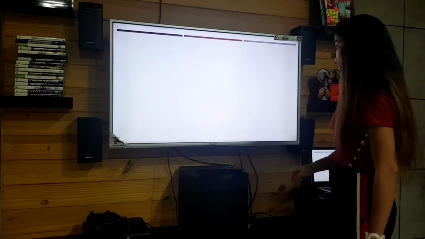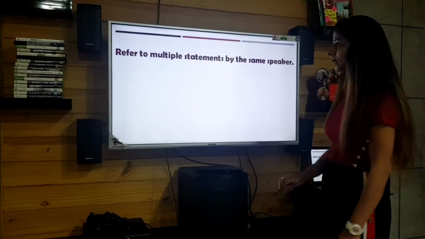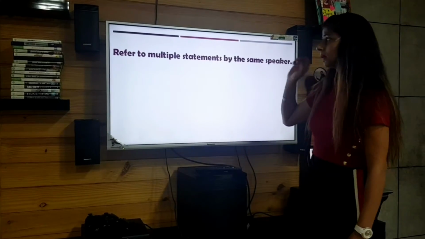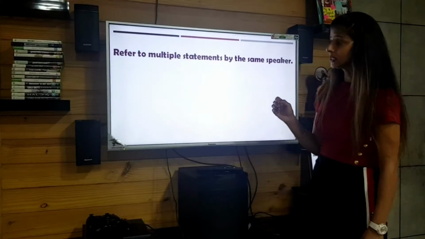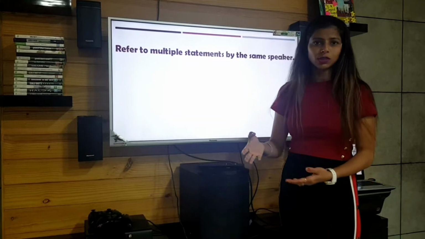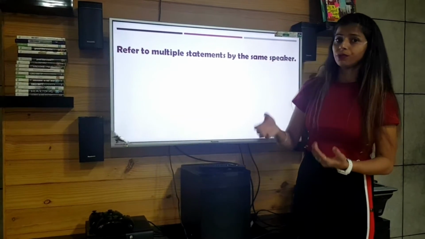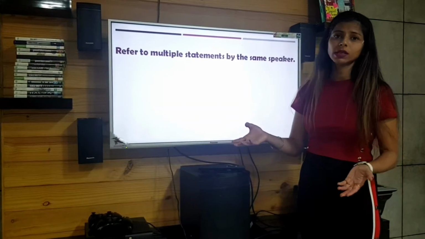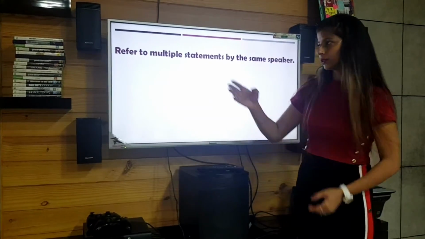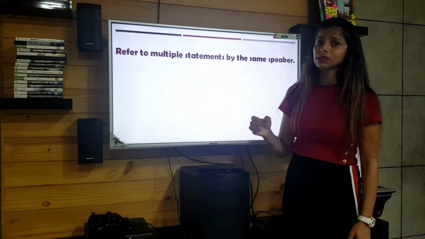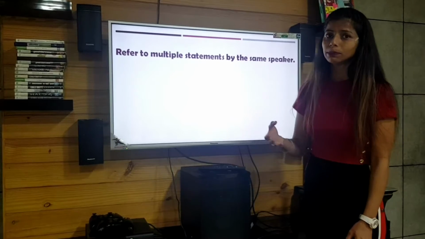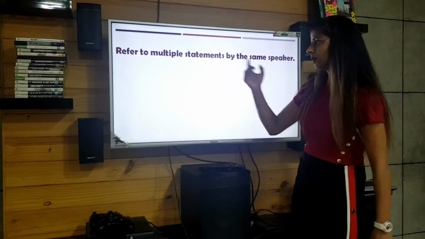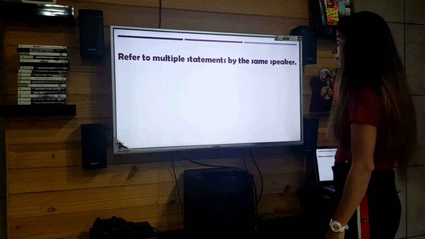So now next, what will we be taking up? Refer to multiple statements by the same speaker. We have just talked about one statement of the same speaker or one statement of another speaker. So now here it is multiple statements. What do you mean by multiple? More than one. So here let's take up the example.